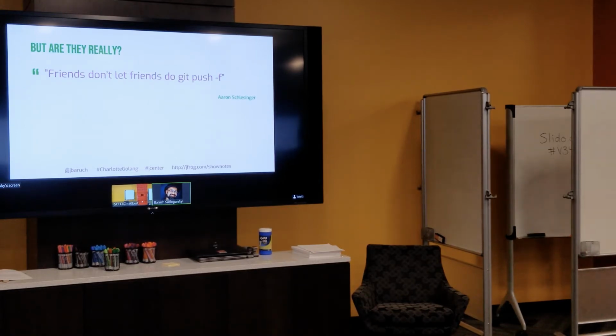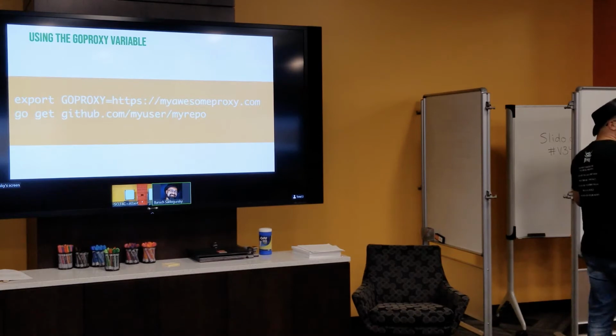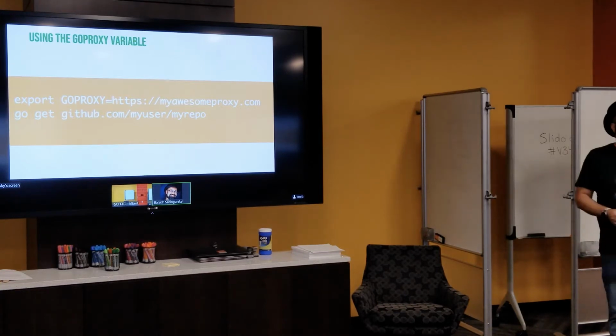So the way you solve it is you go through a repository. You go through a cache that will cache the dependencies that you use, and will guarantee that every time you ask for the same module, you will get back the same file because it's cached there and it's not going anywhere.